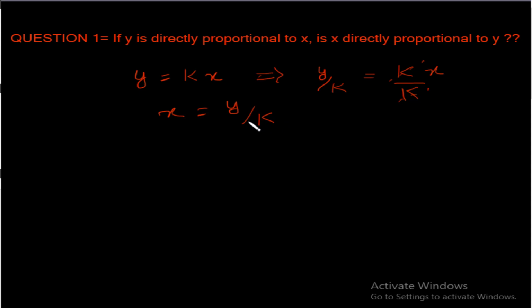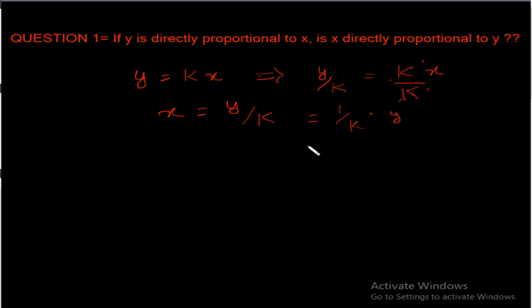The interpretation of the rewritten equation x is equal to y by k shows that x is equal to a constant, which is 1 over k, times y. So it can also be written as 1 over k times y.